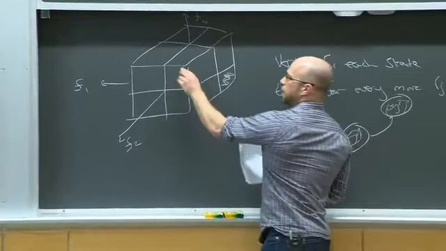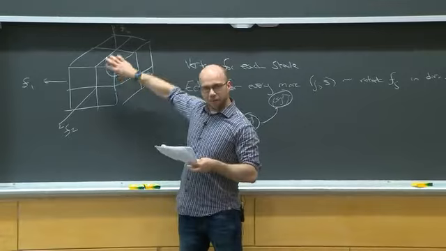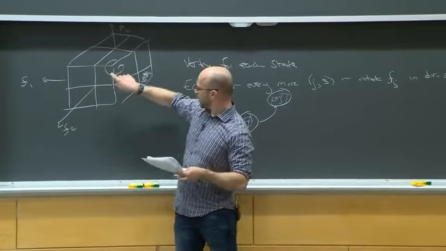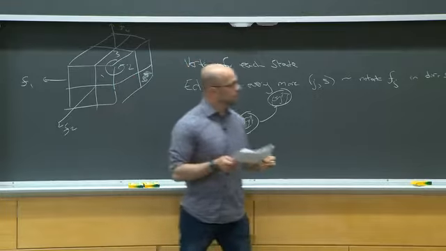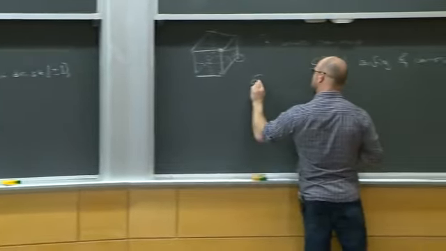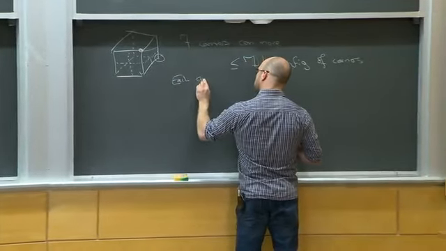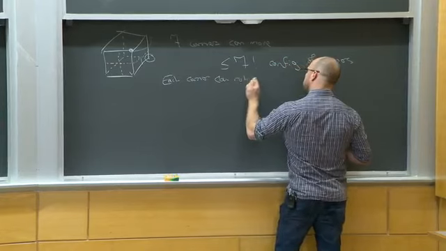I can still rotate it about this corner. And in fact, there are 3 different ways that I could rotate it. You can see it, right? 1, 2, 3. Yeah? So in all, each corner can rotate 3 ways.